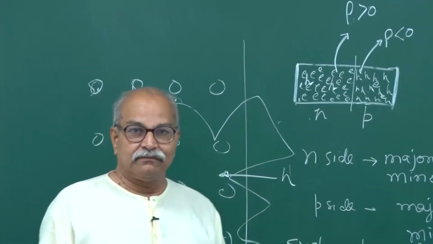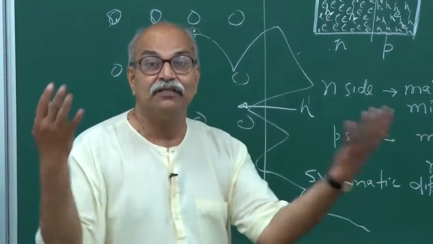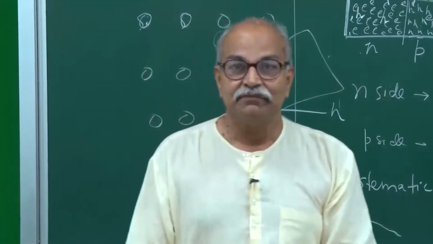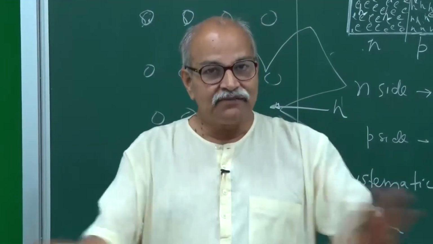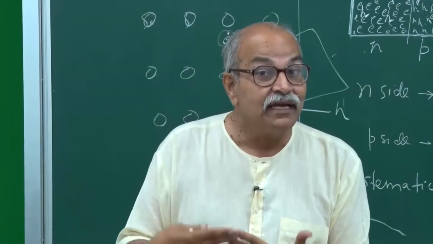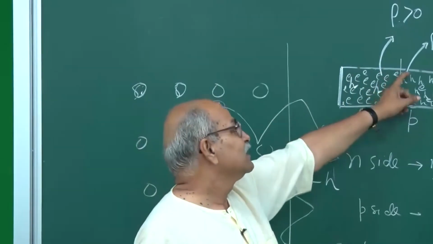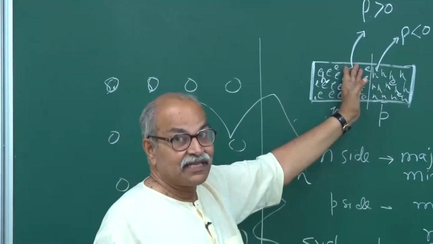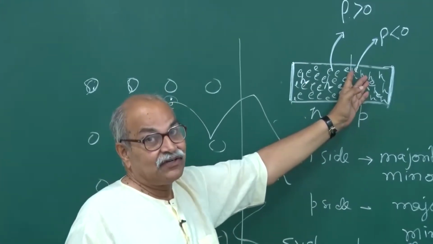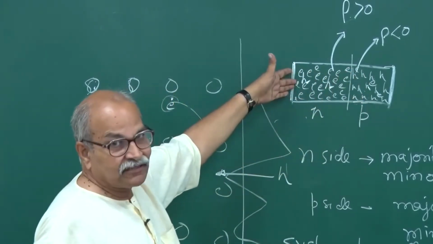So, in an N type or P type semiconductor, if you just have one semiconductor, P type, you do not have charge density, but if you make this PN junction, then the charge density will appear. You will have positive charge density on one side, negative charge density on the other side. But this thing does not extend up to the end.